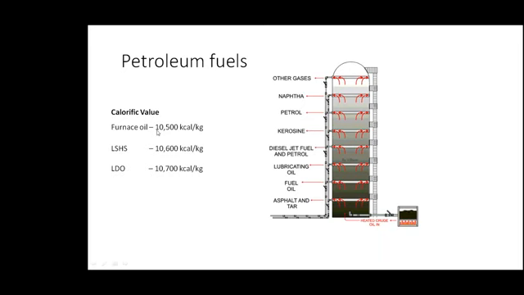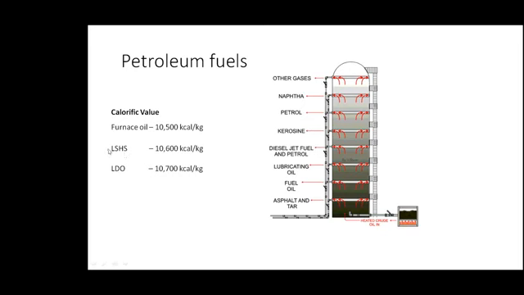It is cheaper than your diesel or petrol, about 40,000 rupees per ton. Then we have a fuel called LSHS, low sulfur heavy stock. The sulfur content is important when I talk about fuels, especially liquid fuels.